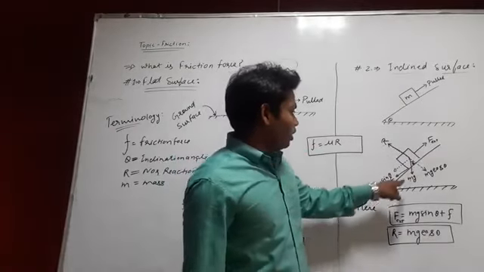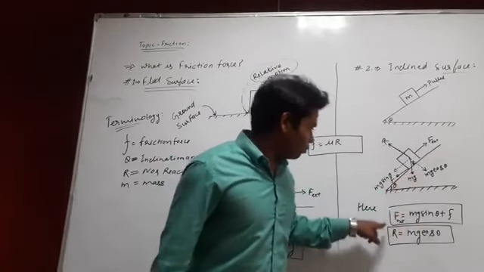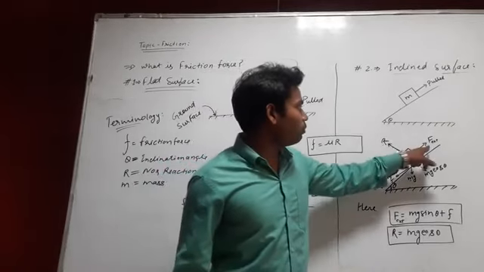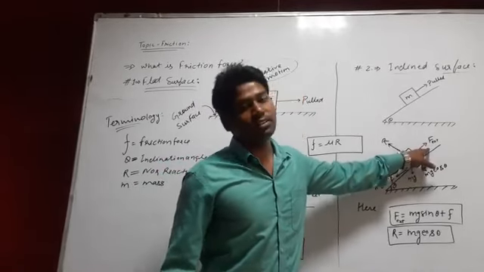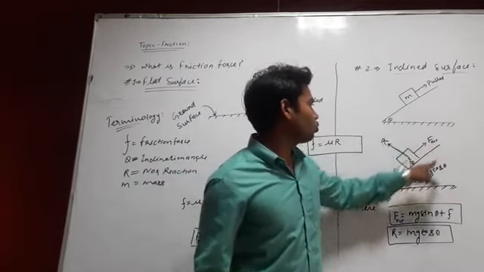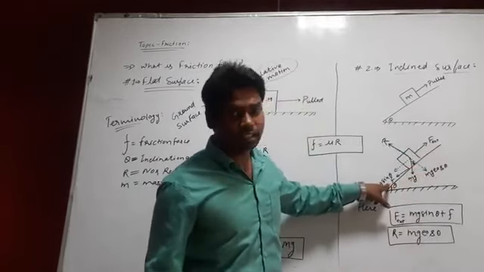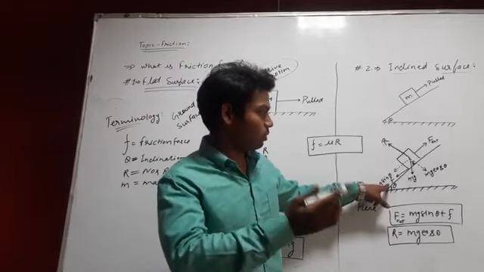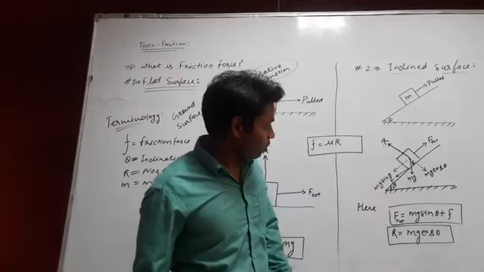Now to calculate the external forces, we need components to balance them. The external force is applied in this direction, so the friction force will be applied in the opposite direction.